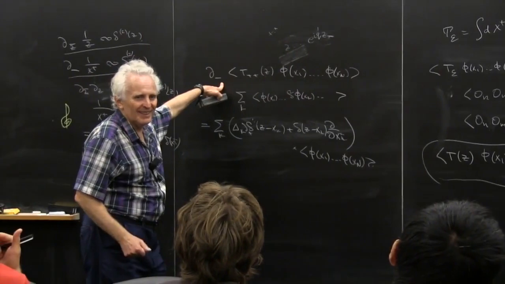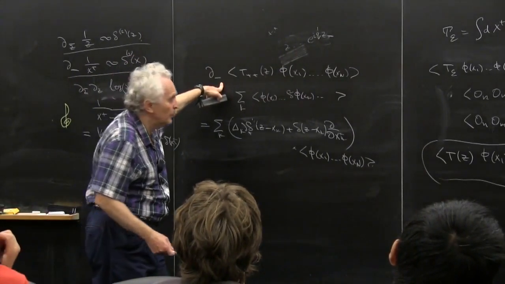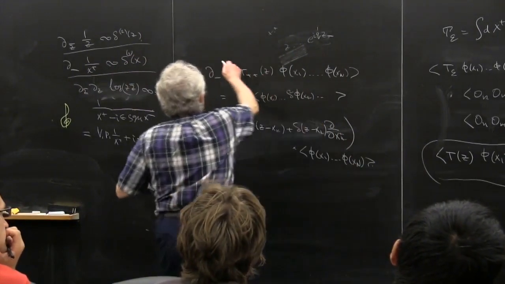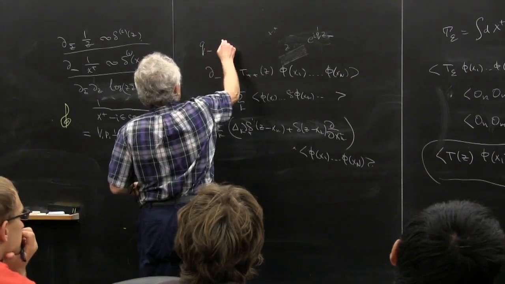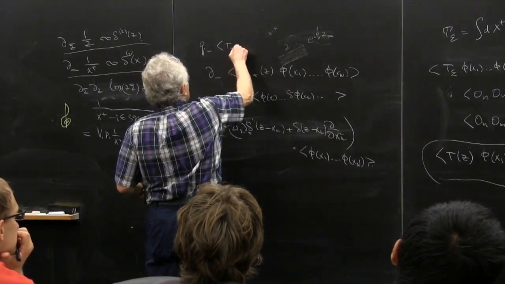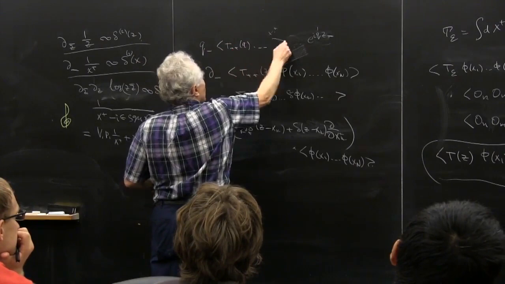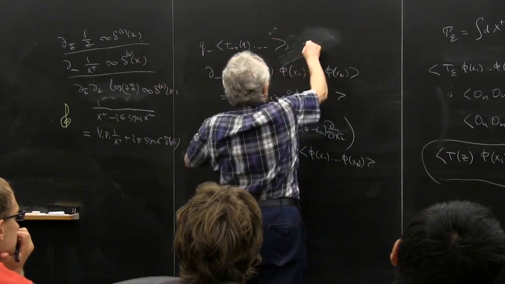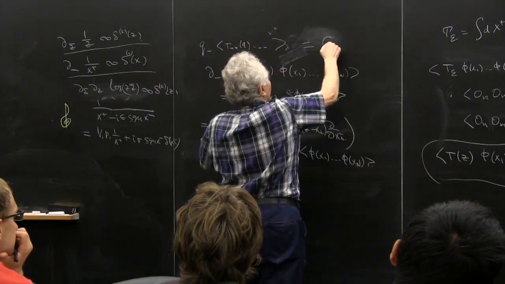What is d? Q. So the difference will be that I will have q minus t plus plus of q and some stuff equal to some green functions.